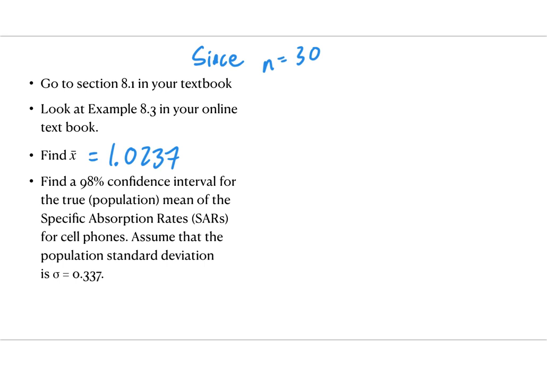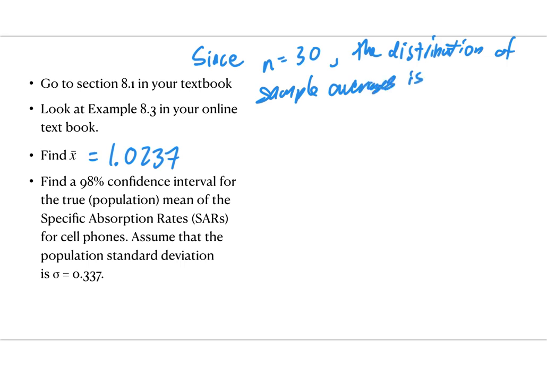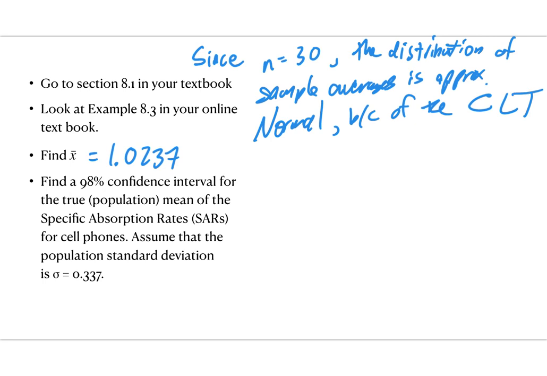Since n is 30, the distribution of sample averages is approximately normal because of the CLT, the most important theorem that we will be dealing with in the area of statistics, the central limit theorem.